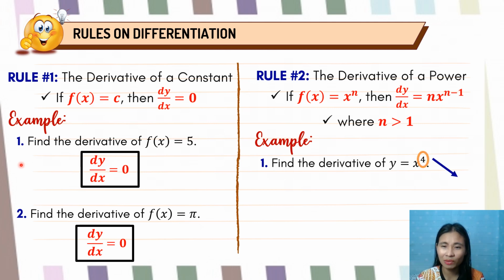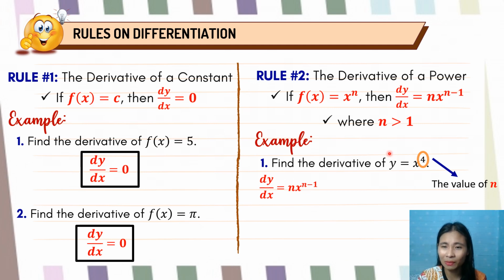Using the equation for the derivative, we identify that 4 here is our exponent, which means that is the value of our n. Now, how are we going to identify the derivative of y is equal to x exponent 4? We have the equation dy over dx is equal to n x exponent n minus 1, which will be used.